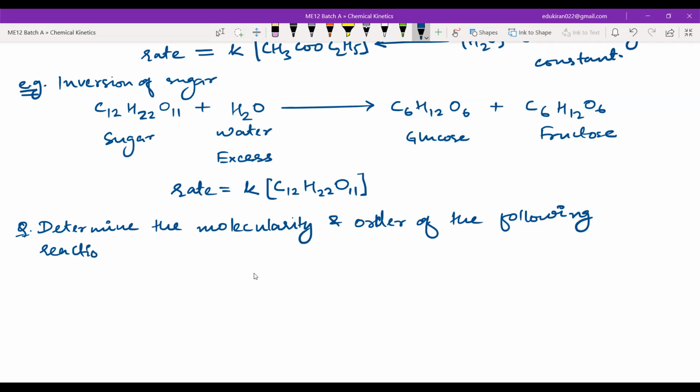The reaction is CH3COOCH3 plus H2O, in the presence of H plus, and this is a reversible type of reaction also.